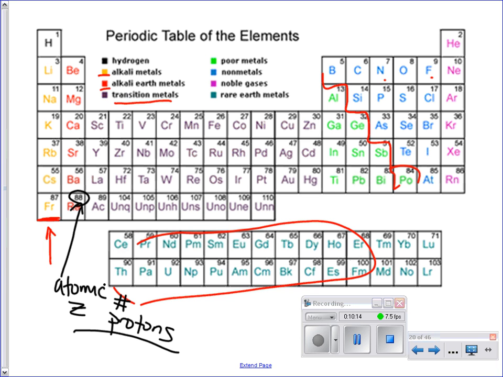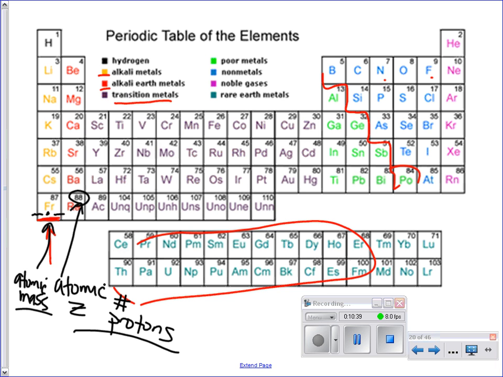Down here underneath, you've got some numbers with decimal places. What does that number represent? Atomic mass. What can I find out from the atomic mass? Oh, I heard someone say number of neutrons or protons. I set that up on purpose to catch you, because how can you have a point something of a proton or neutron?